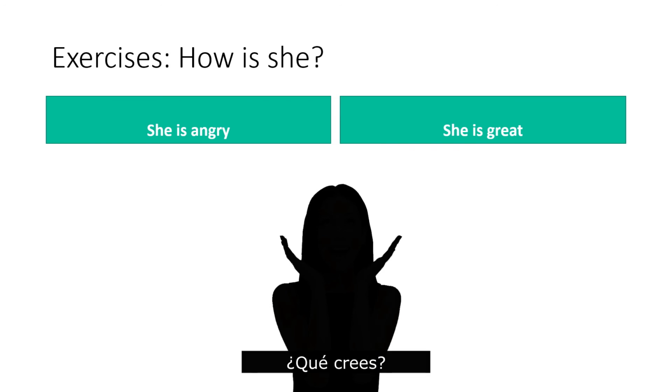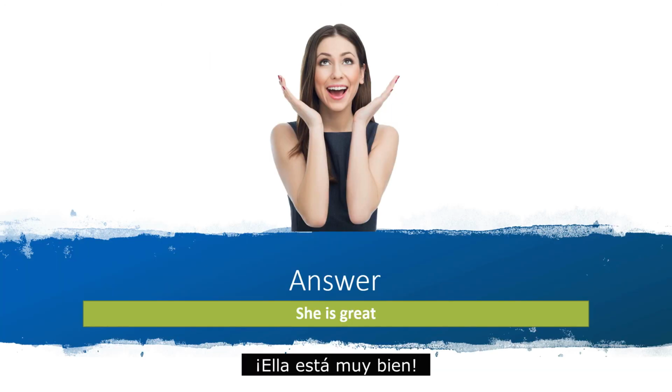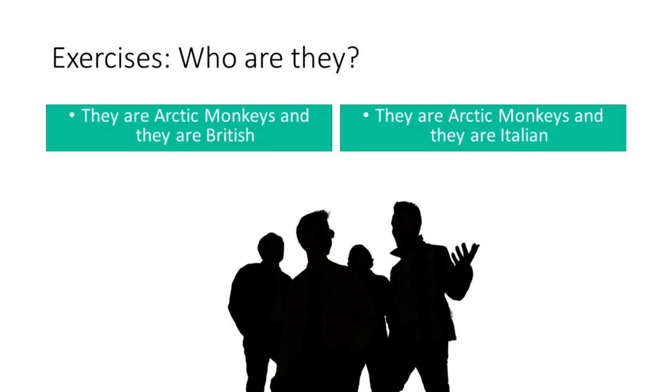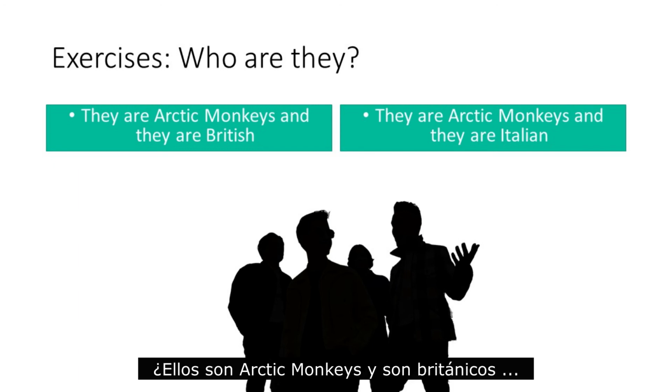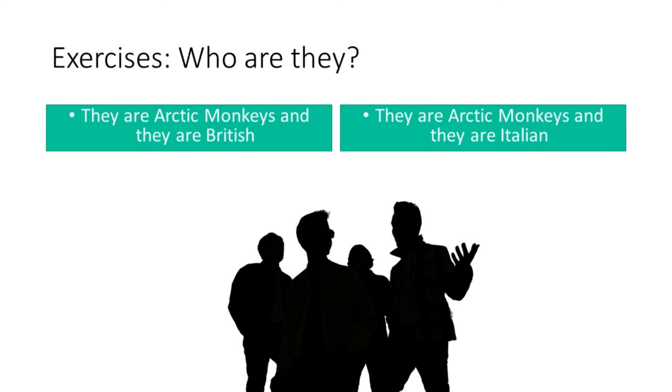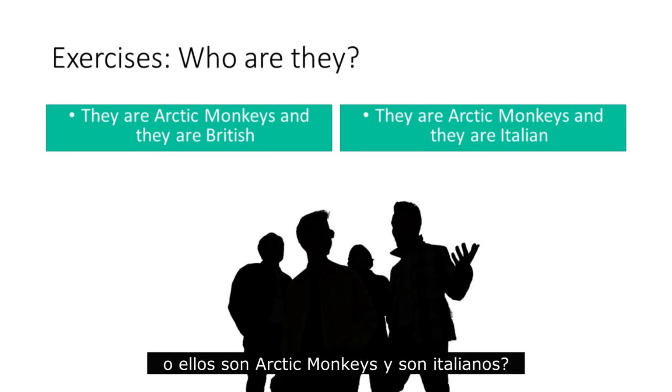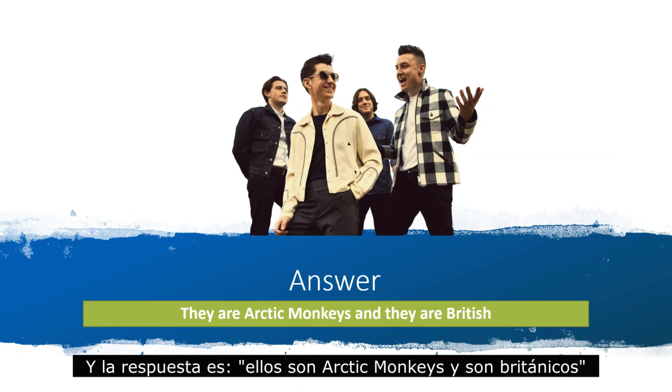What do you think? She is great. Now, who are they? They are Arctic Monkeys and they are British, or they are Arctic Monkeys and they are Italian. And the answer is, they are Arctic Monkeys and they are British.